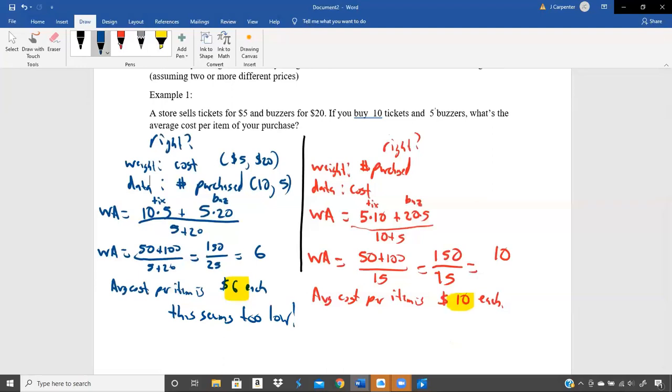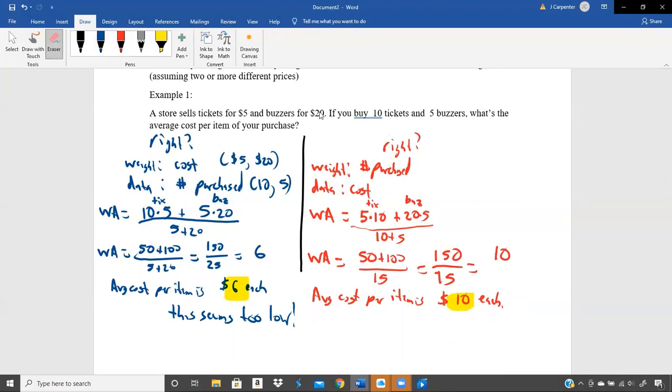Now, if we only bought one buzzer, I would say this is more of a possibility. If we only bought 2 buzzers or even 0 buzzers, I would say this is more of a possibility. Because again, the thing that you're buying more of is going to have a bigger effect. So yes, we are going to be closer to the ticket price than the buzzer price, but we're not going to be way closer. $10, that's $5 away from the tickets.